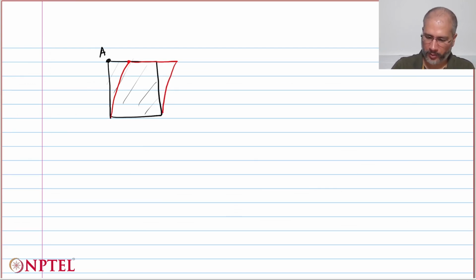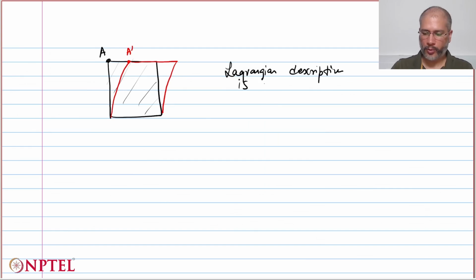So the point A goes to this position A prime. So you see that we are interested in what's happening at the point A. It's like you had a probe sitting at that point and you are measuring some quantities over time. So in this case, the Lagrangian description is more suitable.